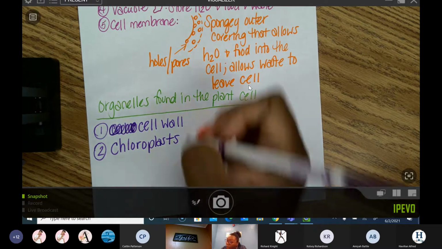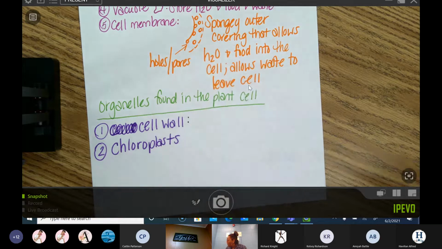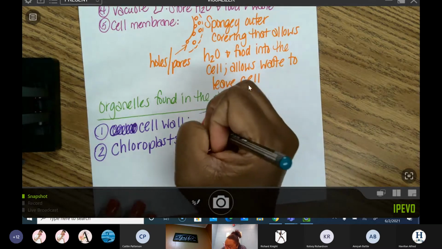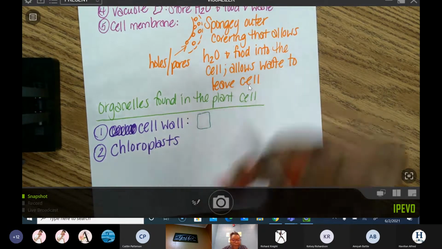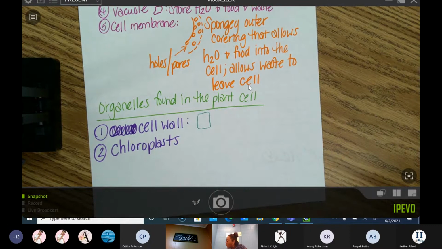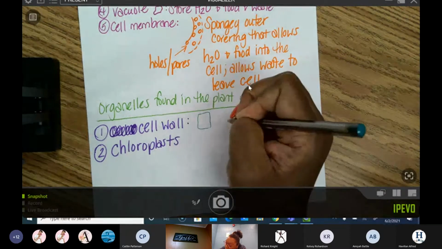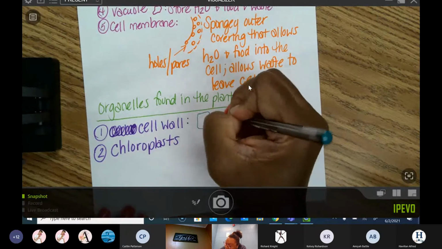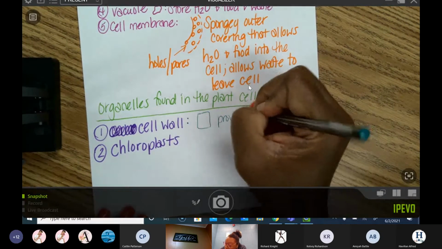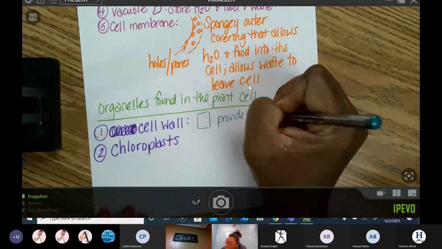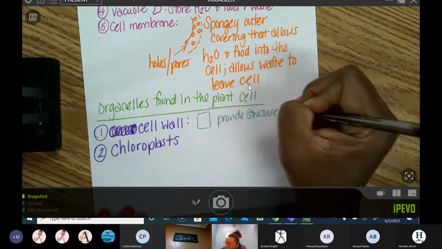So the cell wall, remember when we drew the cell wall, we drew it kind of as a large, rubbery structure going around, and it's green, okay? And so that cell wall, the purpose of our cell wall is to provide structure to the plant cell.